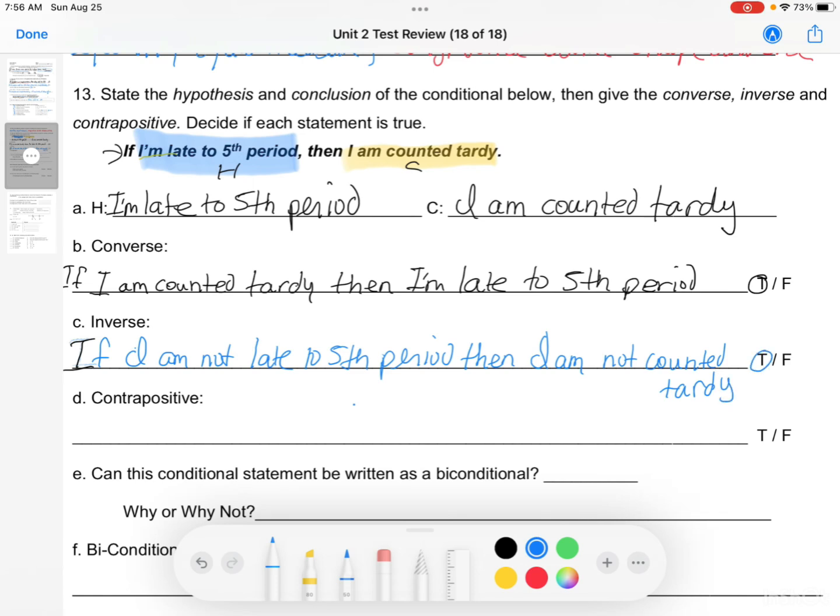So contrapositive is going to be the combination of converse and inverse. So basically, I go back to the original, I flip it and put not into both of them. So I'm going to first put, if I am not counted tardy, then I am not late to fifth period.